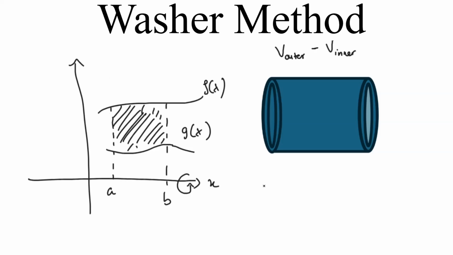So the formula we have is the volume is equal to pi times the integral of f of x, the outer function, squared, minus g of x squared, dx. This is the formula we're going to use to calculate the volume of a region rotating around the x-axis.